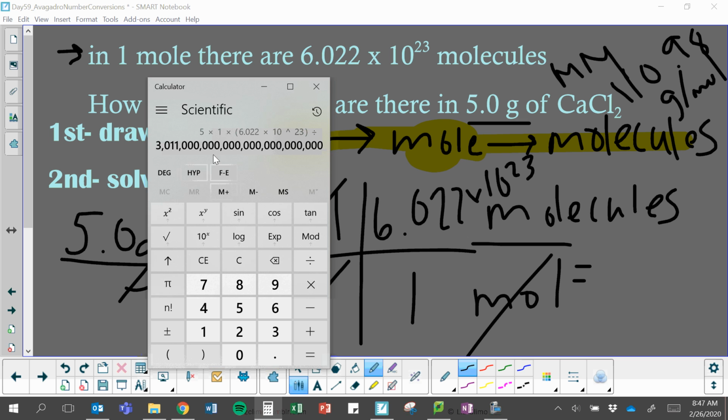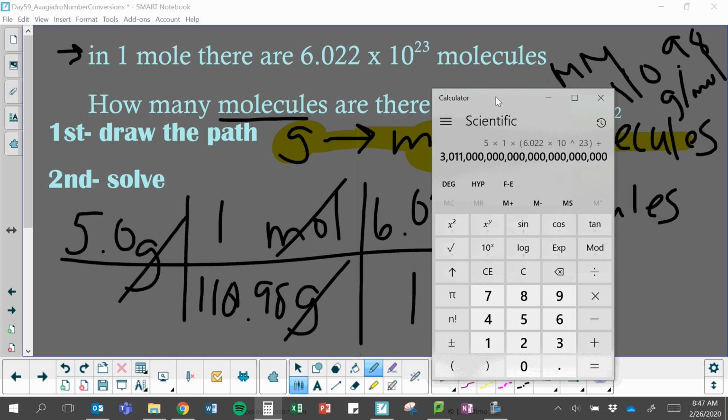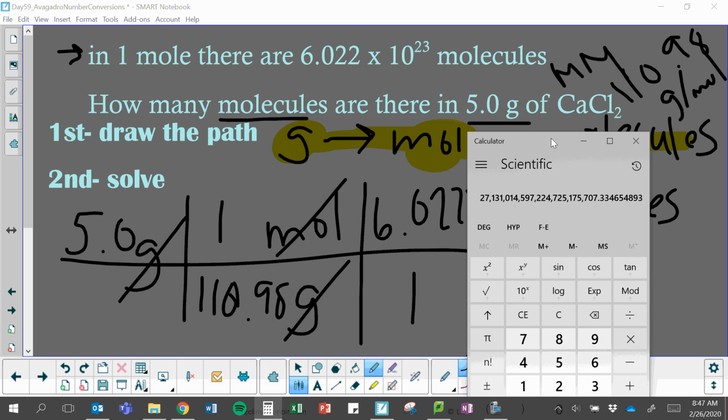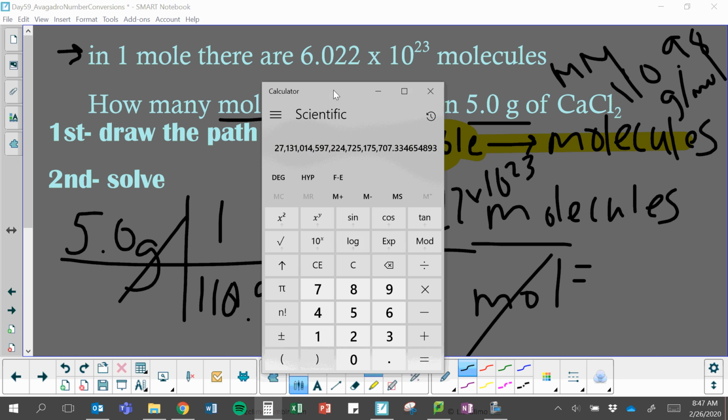Okay, divided by our number down here, 110.98. And if you would like to do divided by 1 as well, you can. And we get a very large number because we are talking about molecules. So it makes sense that we have a very huge number.